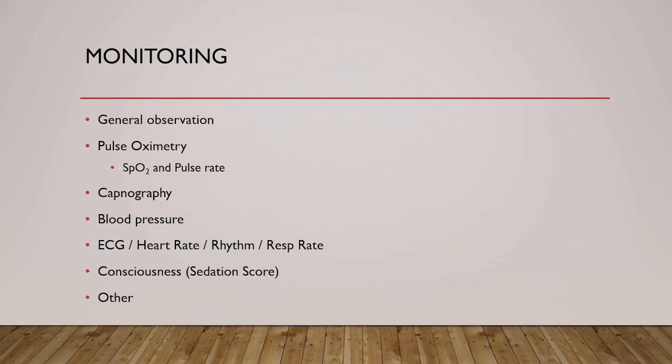First of all is general observation, which cannot be replaced by any of these machines. It is what you see when you look at the child: you need to assess the depth of the sedation, and also whether the child is comfortable or not comfortable, cyanotic or not, etc. And there are also other devices used to assess the cardiovascular and respiratory status, such as pulse oximetry, capnography, blood pressure, ECG monitoring, and others if that patient needs more monitoring.